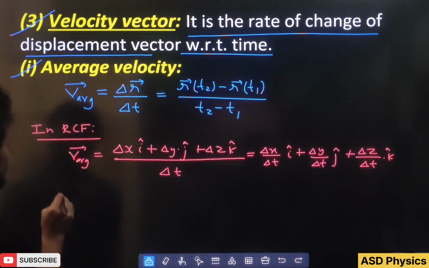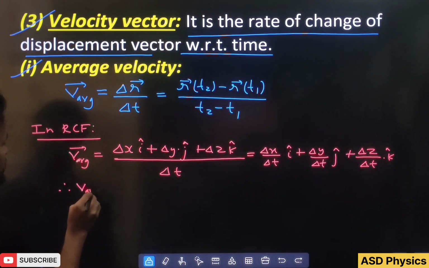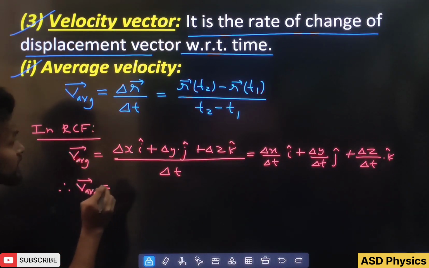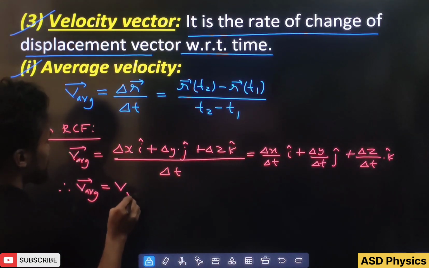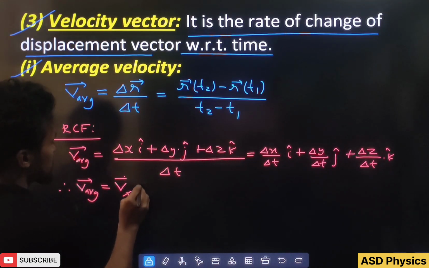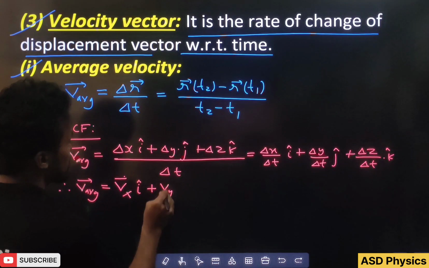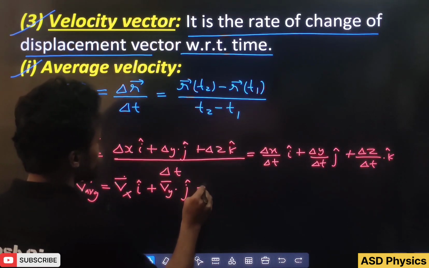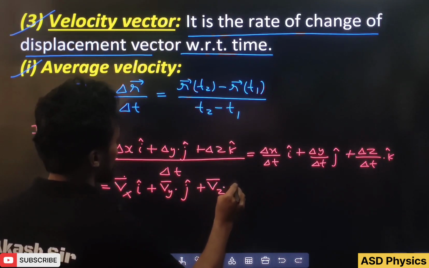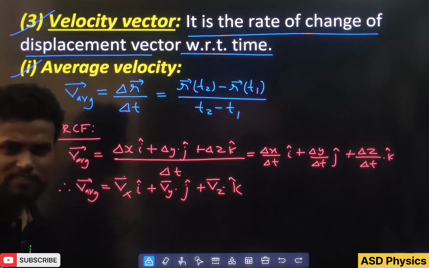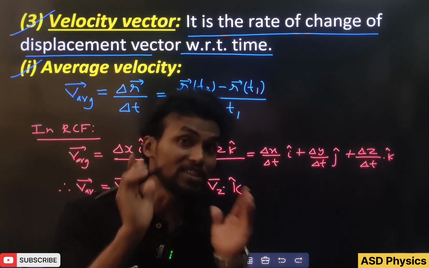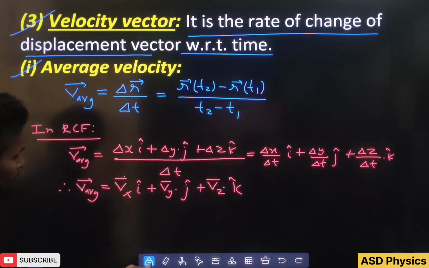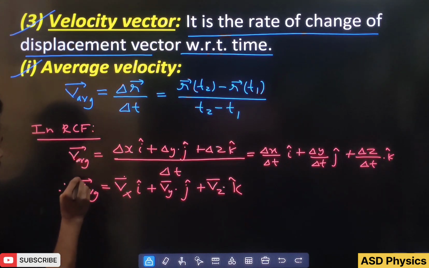Hence this average velocity we can write: delta x by delta t is the average velocity along x direction, so vx bar i cap plus vy bar j cap plus vz bar k cap. This Vx bar, Vy bar, Vz bar is the average velocity. Magnitude and all you know very well, you can calculate very easily.